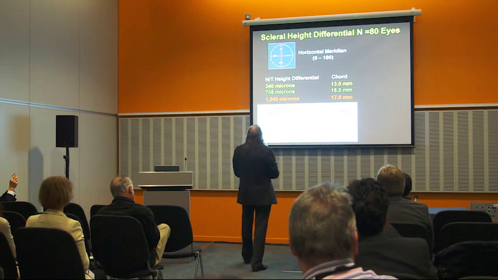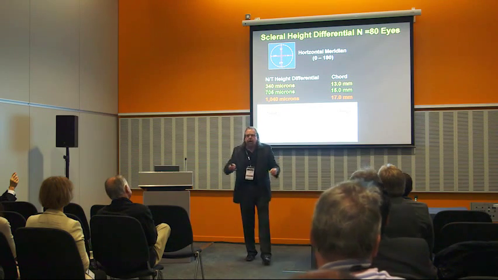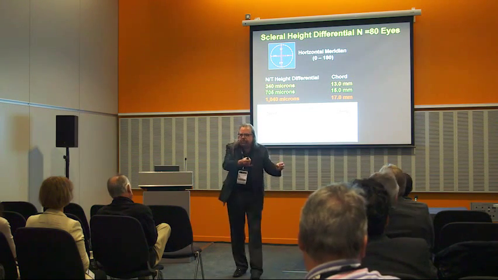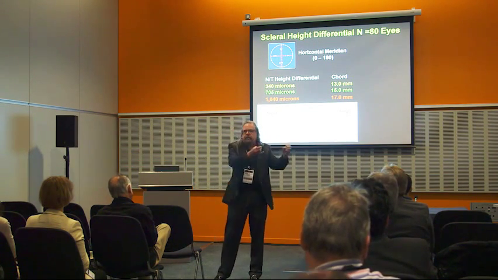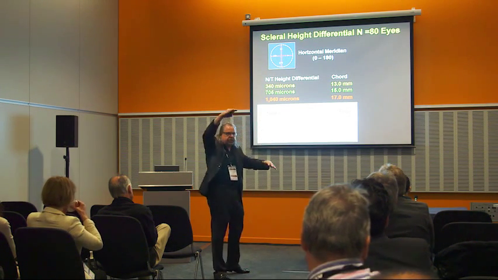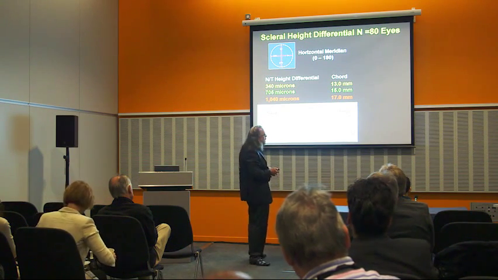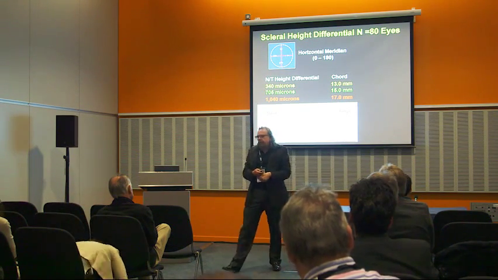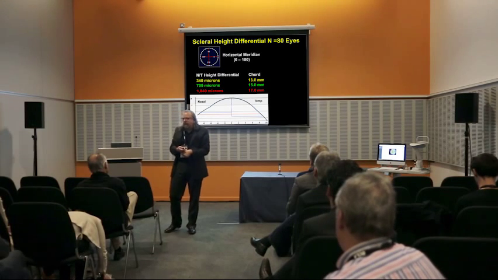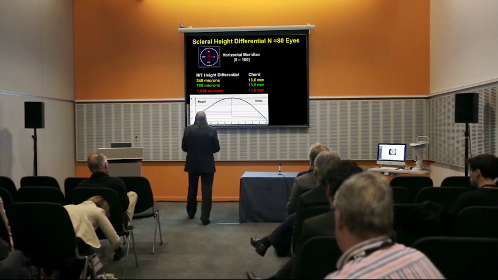Now, here are the actual physical numbers of that height differential, nasal versus temporal. How high a differential is there? Well, you can see, as we mentioned before, at the 13 millimeter chord, that is not very significant, 340 microns.